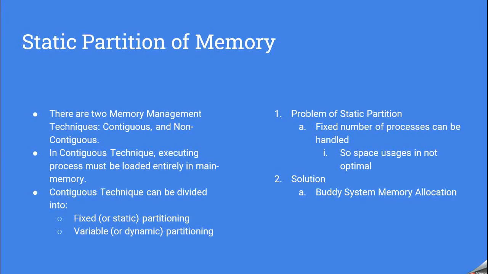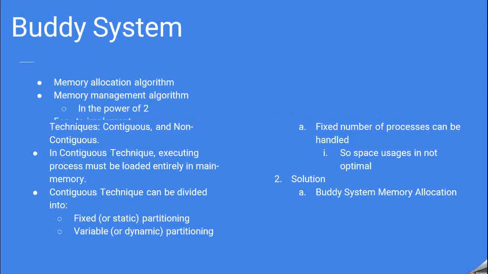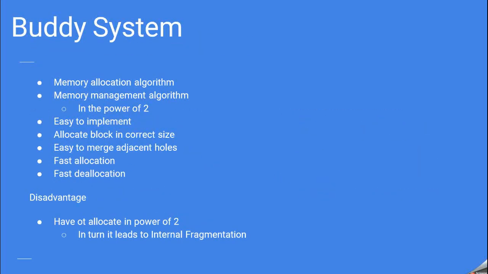One solution is the buddy system memory allocation. So what is the buddy system? It is just a memory allocation technique, all about how we create the partitions of the memory. We divide it in powers of 2.